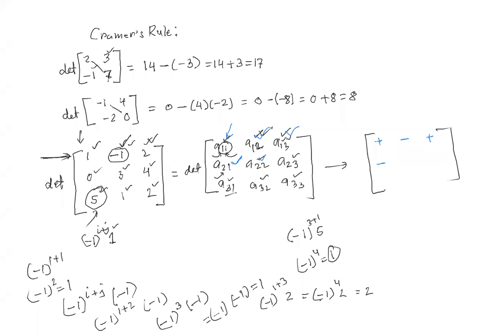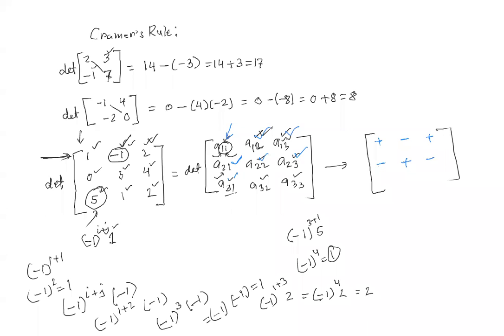How about A22? Brandon, A22, what is the sign associated with it? Positive. Because 2 plus 2 is 4. How about A23? What is the sign associated with it? Somebody else. Negative, because 2 plus 3 is 5, which is odd.